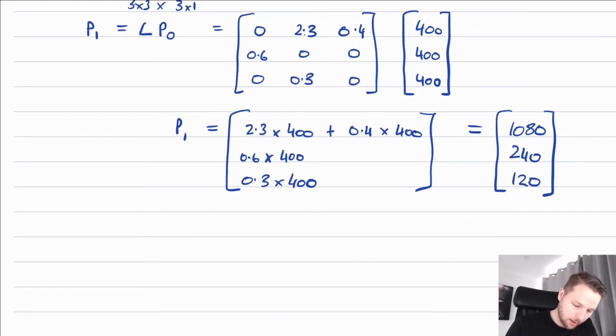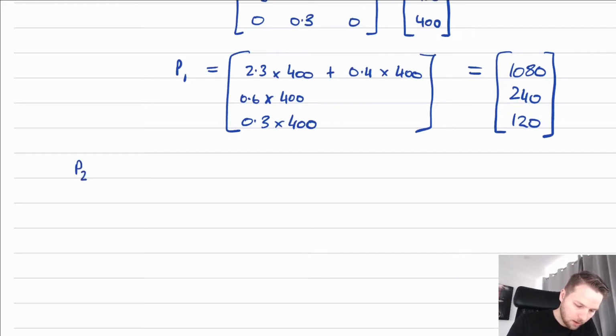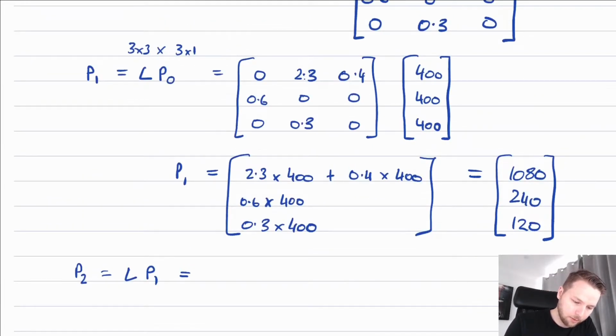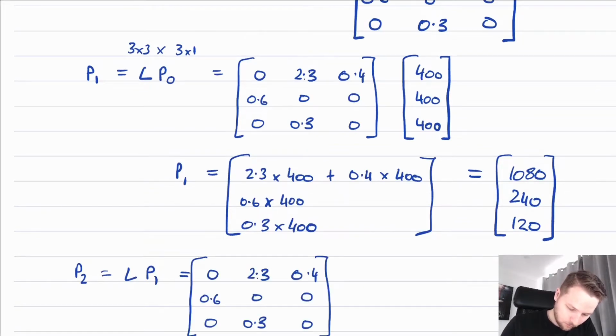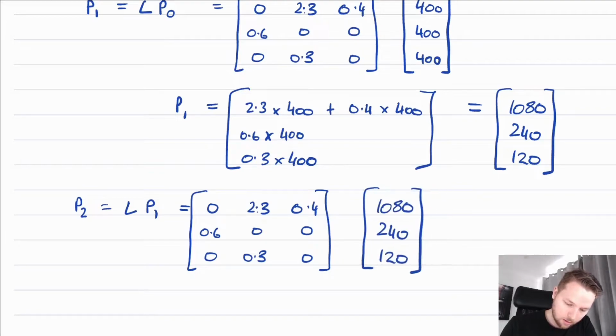We can find P2, and that's going to be equal to our Leslie matrix times P1. Our Leslie matrix is the same as before, so I'm just going to copy that. There's our Leslie matrix, and that's going to be multiplied by P1, which is our new population. Copy, paste, there it is.